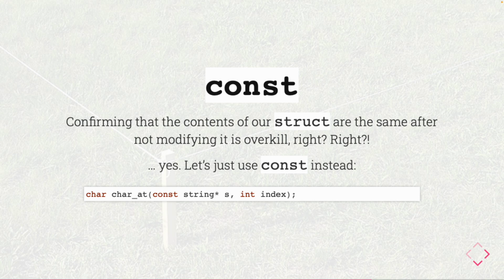Yeah, it turns out it is overkill, and we can use a C keyword that exists in like every good language ever. I don't think Python has it. Const. So const tells the compiler this value will never be changed.